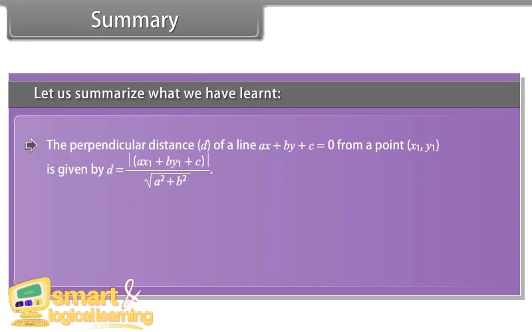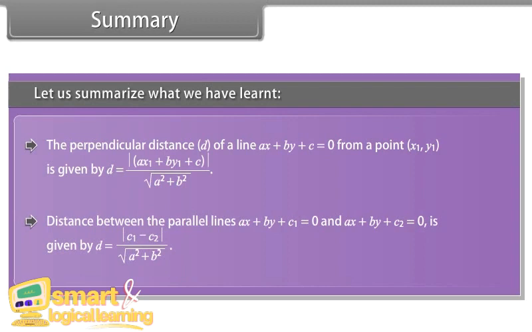The perpendicular distance d of a line ax + by + c = 0 from a point (x1, y1) is given by the distance formula, and the distance between the parallel lines ax + by + c1 = 0 and ax + by + c2 = 0 is given by the corresponding formula.